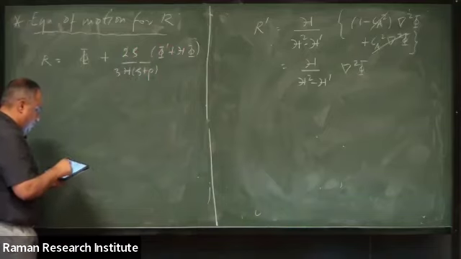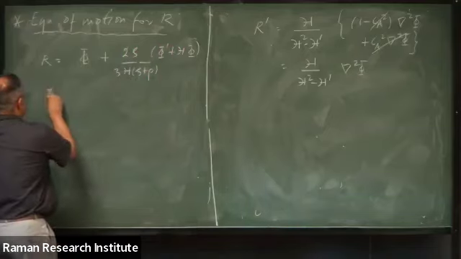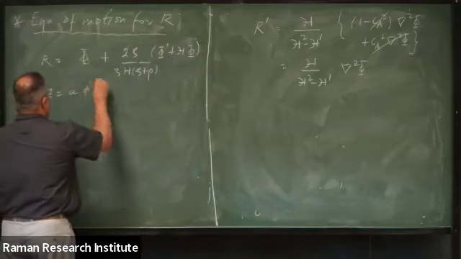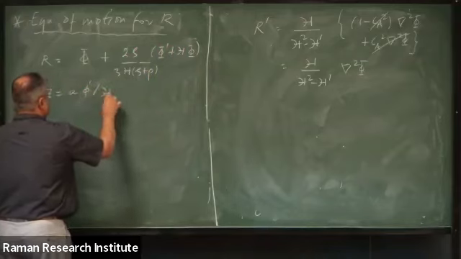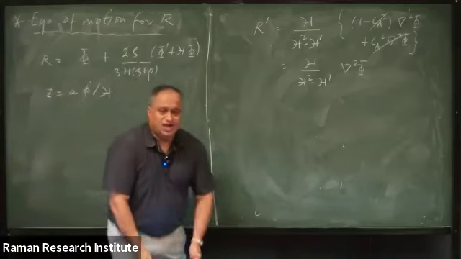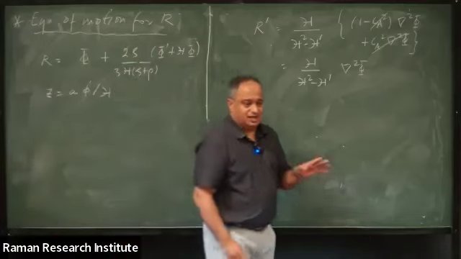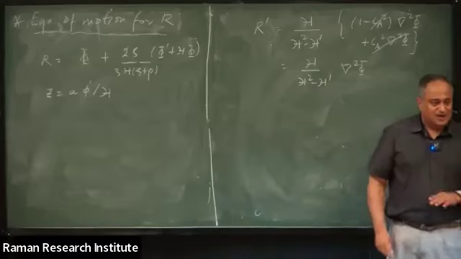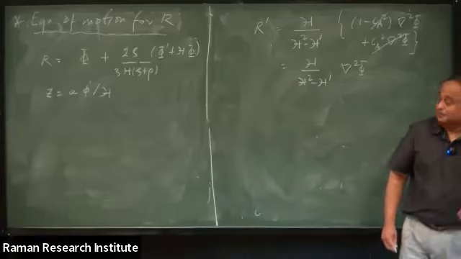Now I'm going to define a quantity called z equal to a phi prime by script H, very much like the manner in which we define theta. I'm defining another quantity z.